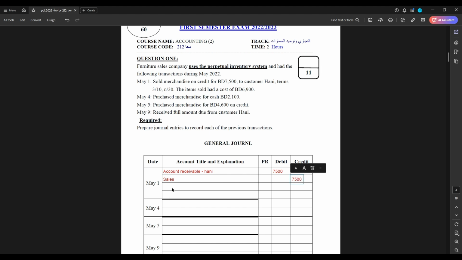The second part, we will record the cost of goods sold. This is on the perpetual inventory system, so we have to record the cost of goods sold.